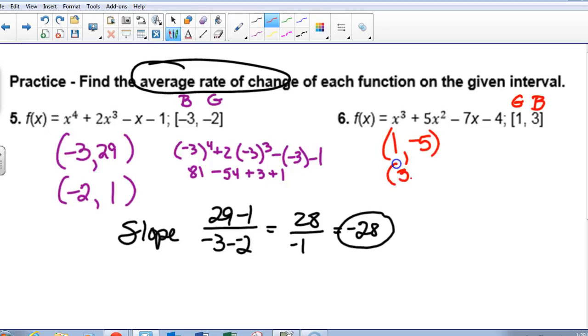If I put in a 3, 27 plus 45 minus 21 is 51 minus 4, 49. Is it right? Is it wrong? 47? Okay, I heard 3 or 4 people say 47, so I'm going with it.